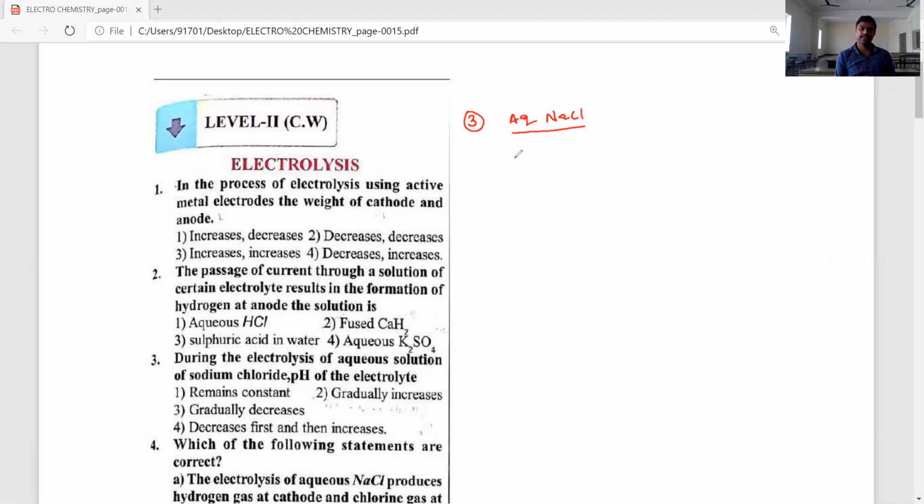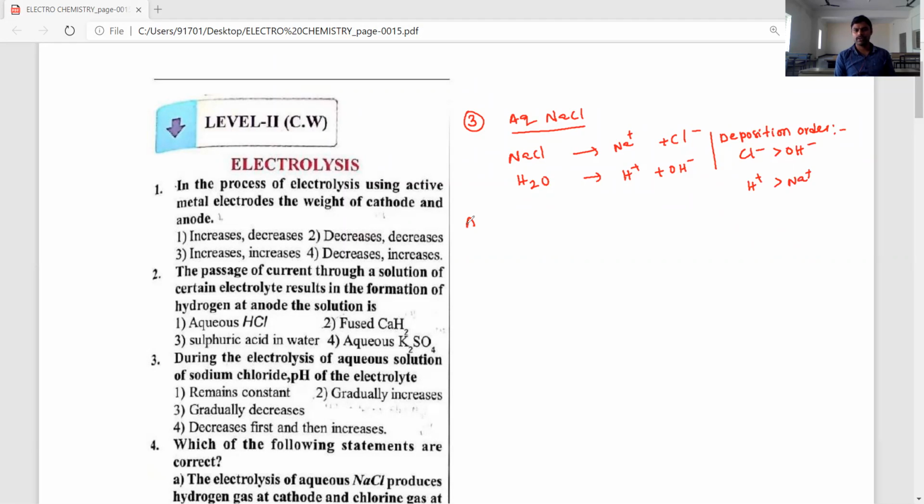Aqueous NaCl means NaCl will be ionized to give Na+ and Cl- ions, and water is also present in the aqueous medium. During the passing of electrical current, water will be ionized to produce H+ and OH- ions. Now the discharge potential, the deposition order of anions: Cl- can be easily deposited when compared to OH- ions, and H+ ions can be easily deposited when compared with Na+ ions.